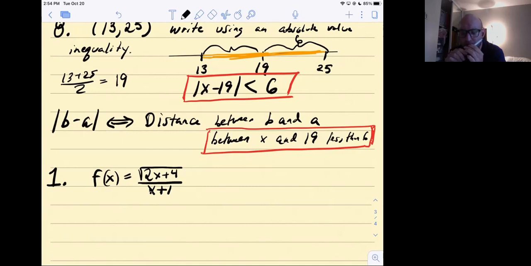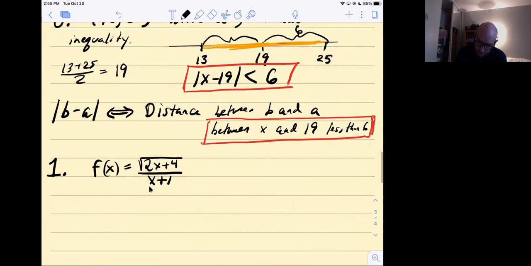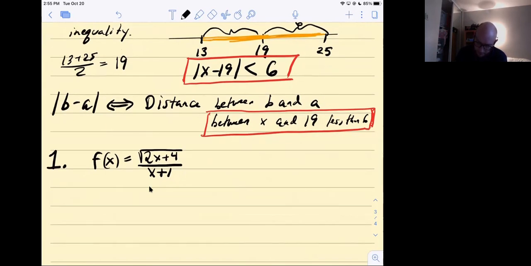So we want to find the domain. The domain here is, we always want to make sure that the thing under the square root is positive. So we want 2x plus 4 to be greater than 0. So we have 2x is greater than negative 4. Oh, greater than or equal to 0, sorry.